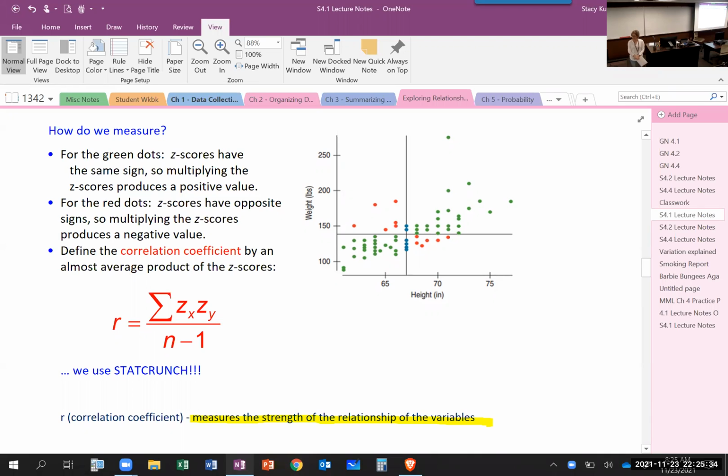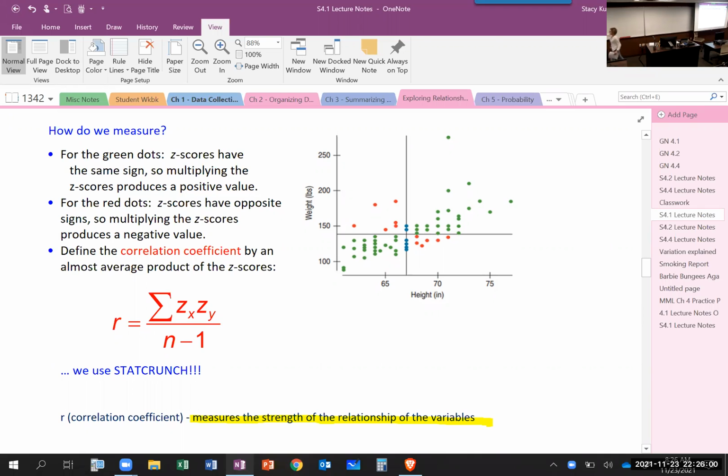Remember that z-scores, means, and standard deviations are all easily influenced by outliers. So what can we say then about R? Would R, this correlation coefficient that we're defining, also be easily influenced by outliers? Yes, it would be, because of its definition, in its calculation.